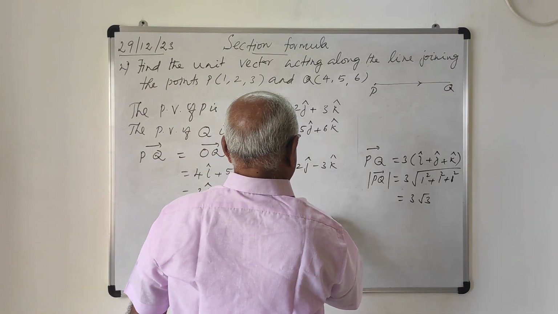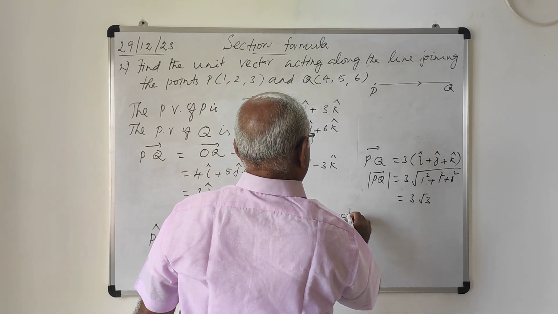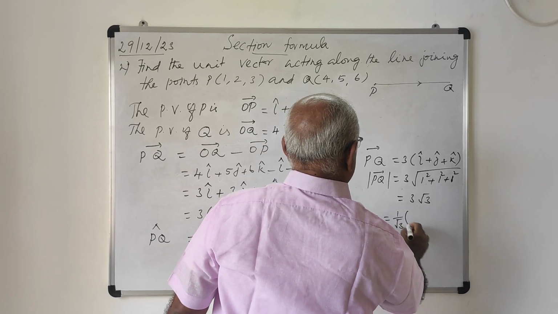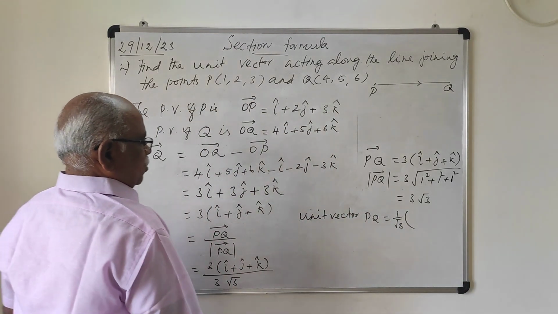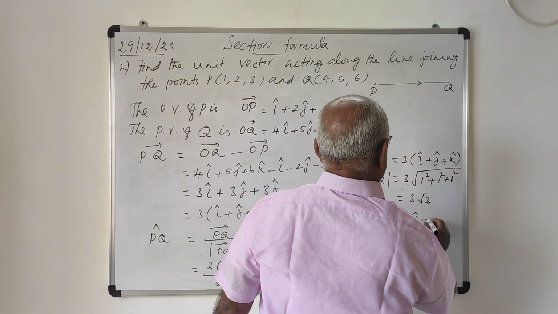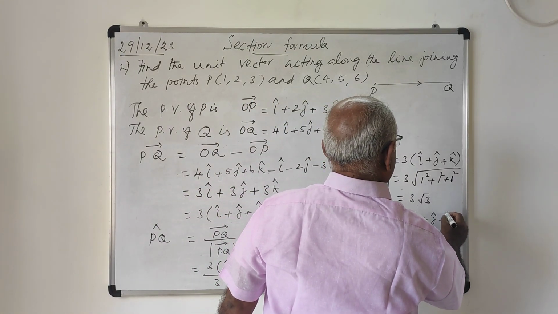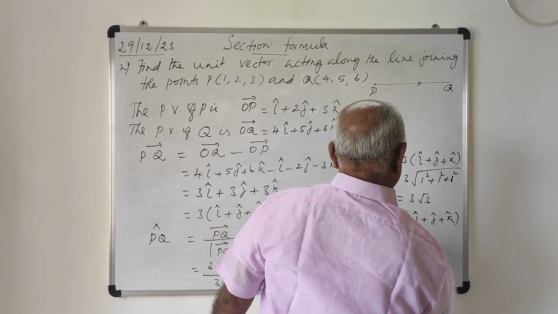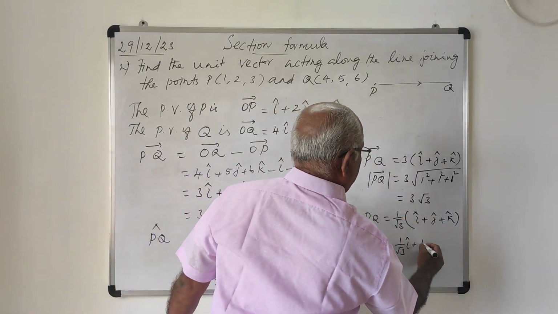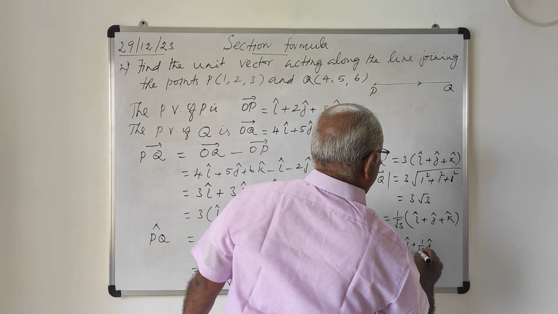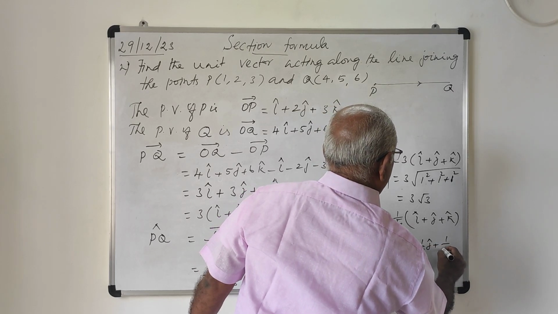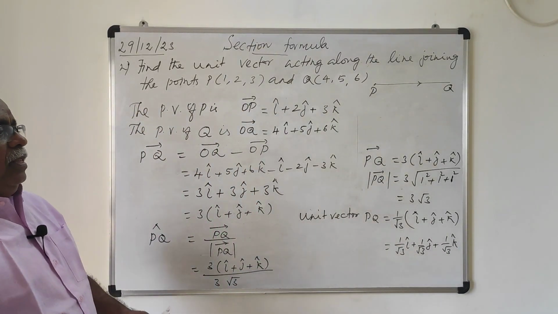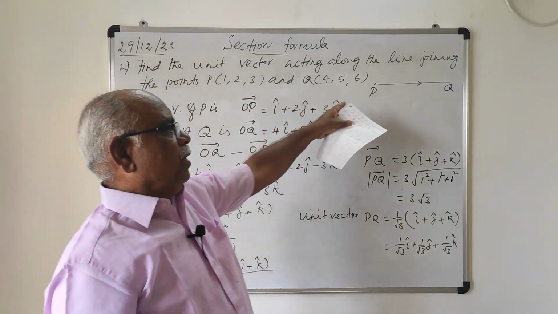Therefore, the required unit vector PQ cap is 1 by root 3 into i plus j plus k, or otherwise you can write it as 1 by root 3 i plus 1 by root 3 j plus 1 by root 3 k. Like that, we can find the unit vector joining the points P and Q.